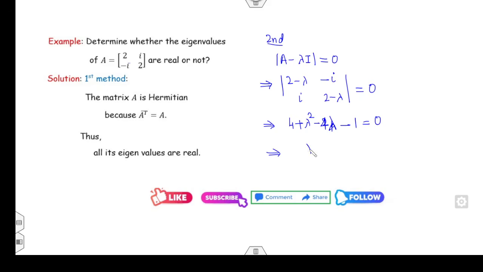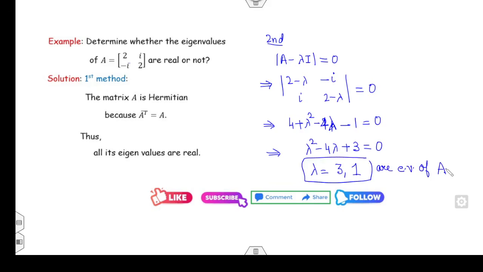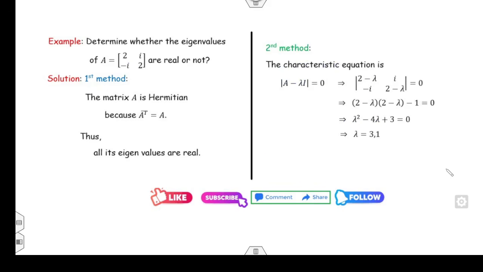So that will be lambda square minus 4 lambda plus 3 equal to 0. Lambda will be 3 and 1. These are the eigenvalues of the matrix A, and both numbers are real.